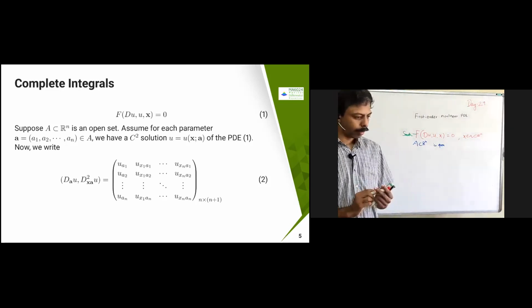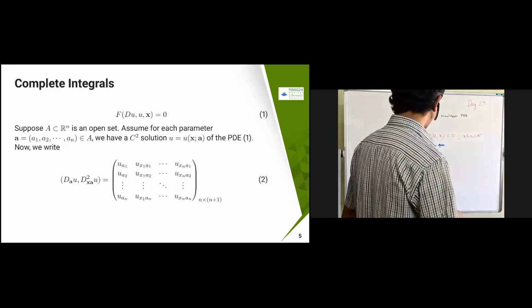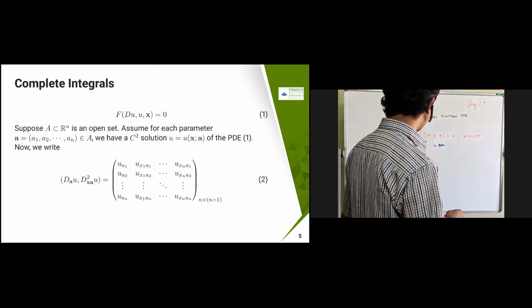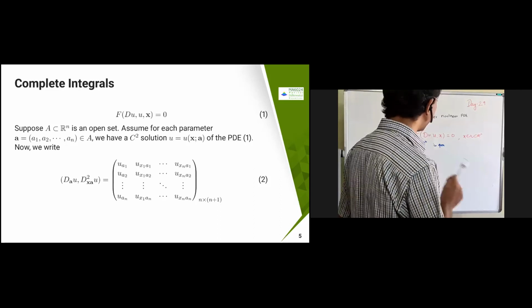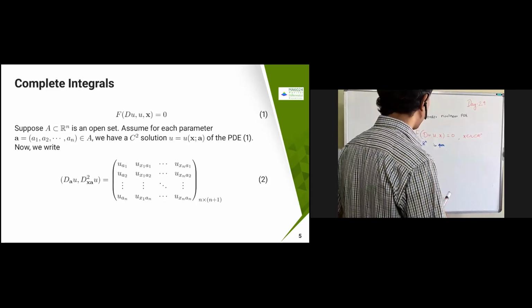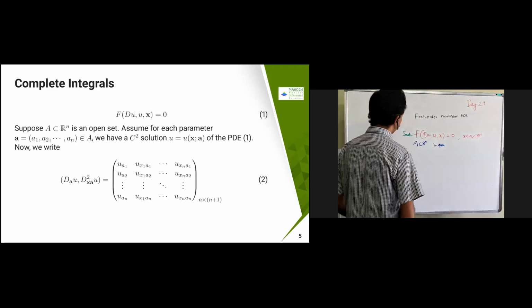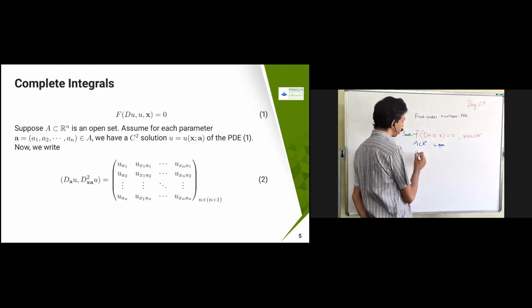Now, because n independent variables are there, correspondingly I have to find n constants or n parameters.